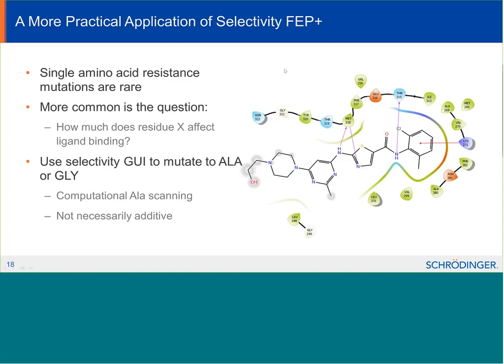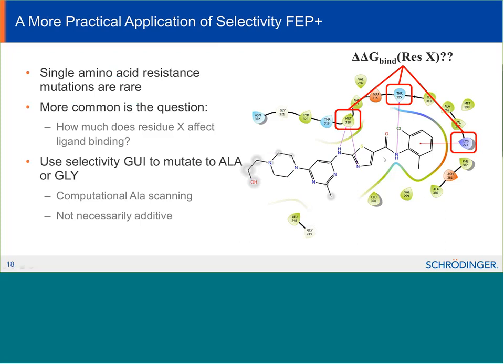Now, of course, you probably won't encounter single amino acid resistance mutations regularly in your work unless you're specifically studying Abl kinase. But a much more common question that can be addressed by the selectivity GUI as well is just how much does a given residue affect ligand binding? So we could do something like computational alanine scanning, in which any given residue of interest is mutated to an alanine or a glycine.